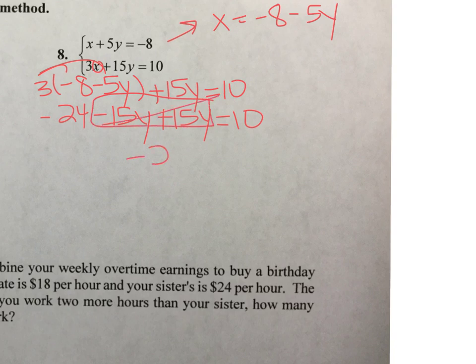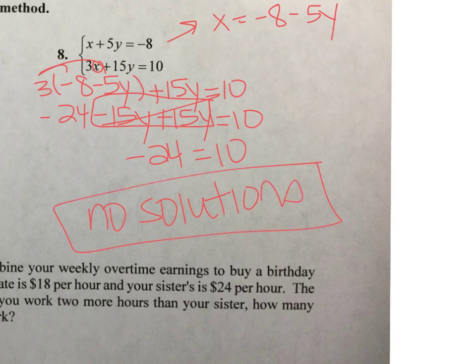So I'm only left with -24 equals 10. Notice those are not equal. So that means this is a false statement, and if it's a false statement, then there are no solutions. Okay? There are no solutions for this one. That must mean that they're parallel.